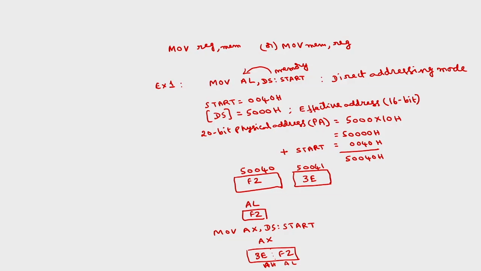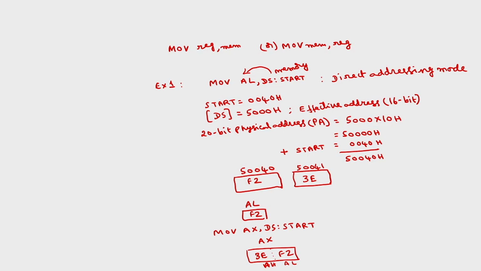In direct addressing mode, the address of the memory location is computed by taking the DS contents, multiplying by 10H, then adding the start value, which can be defined by using an assembler directive in the program. That is the 20-bit physical address. From this you transfer a byte or word depending upon whether the destination register is 8-bit or 16-bit. So this is about direct addressing mode.